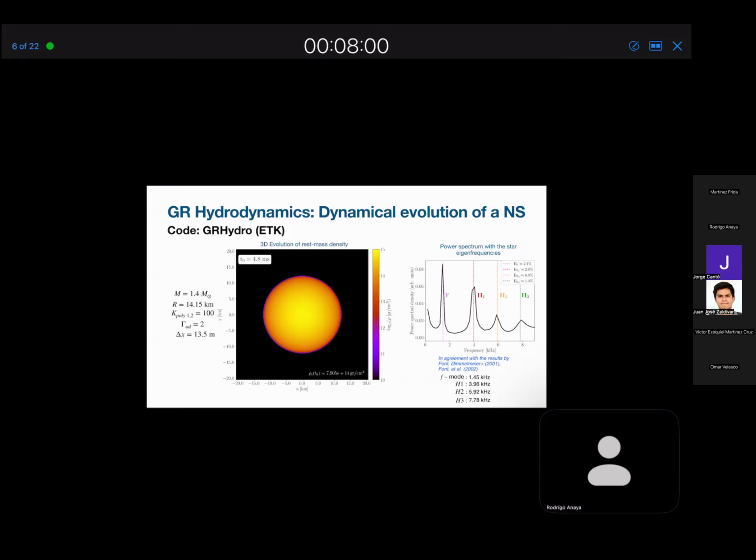From these perturbations, we can get a power spectrum that returns the frequencies related to the oscillations of the star. This work was done in the early 2000s, and with my simulation, I got very close, with less than 2% error for the frequencies these authors got before.